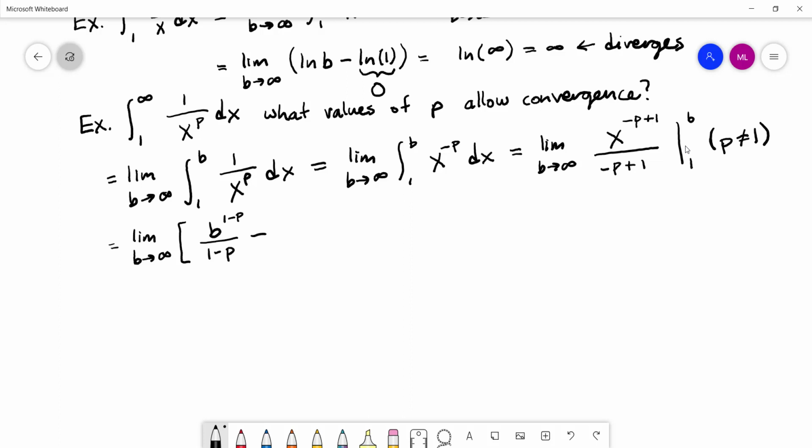And then I'm going to subtract off the lower bound when we plug in 1. So it's going to be 1 to the 1 minus p over 1 minus p. Good. Okay, so again, I'm just plugging in b and 1 in place of the x here.